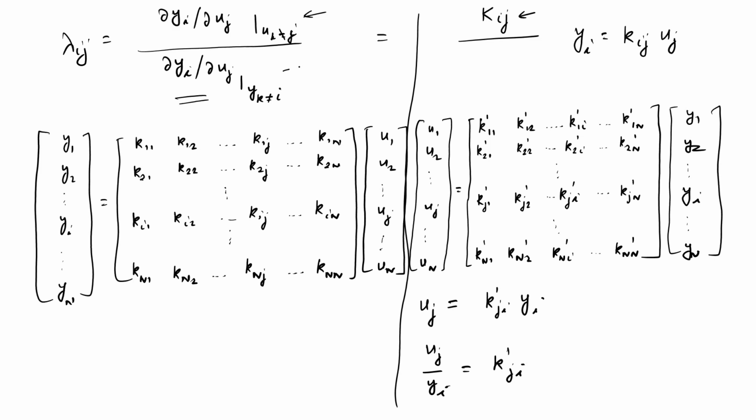So this one is kij, and this one is the ji term of the inverse matrix.